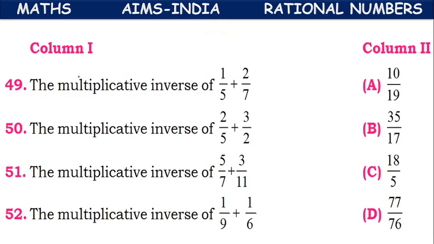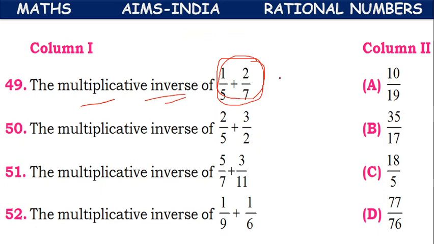Next. This is also MMT, means each question can have many answers. Multiplicative inverse of. You can find out, children, because they are asking only multiplicative inverse. You can do the LCM and simplify.